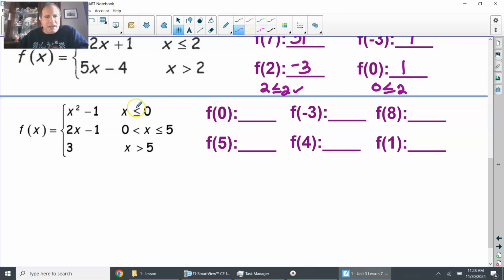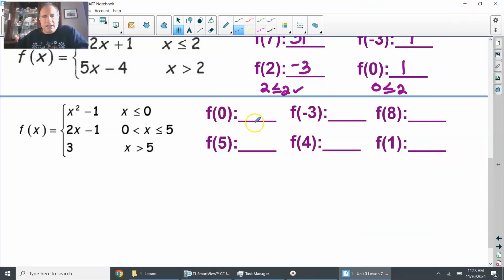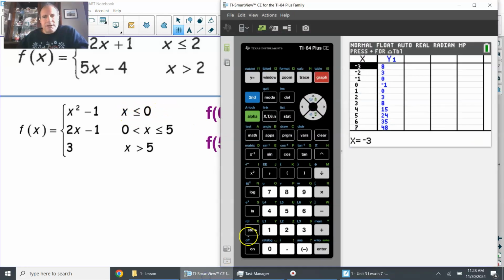All of the x's that are less than or equal to 0, I'm going to go and find the outputs for. All right, and so f of 0, when the input is 0, I'm using this one. So that means that when x is 0, the output is negative 1. Negative 3 fits into this as well. Negative 3 is less than or equal to 0. So I'm going to go to negative 3, and it's 8.